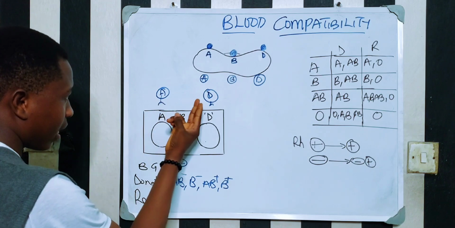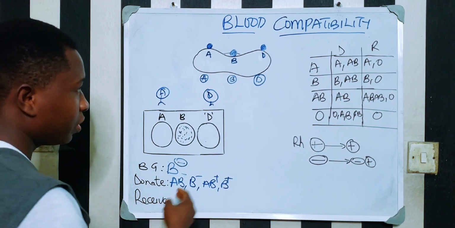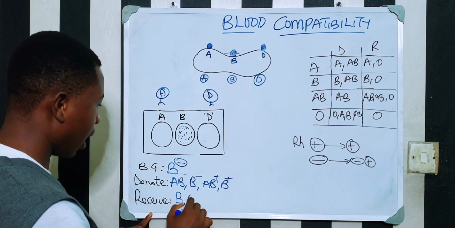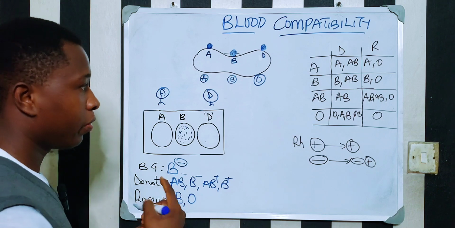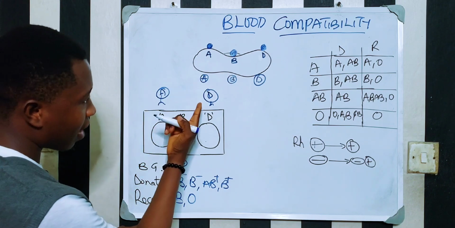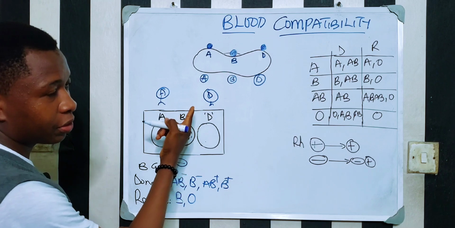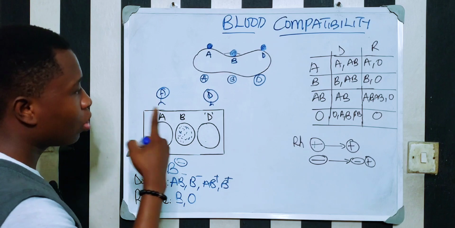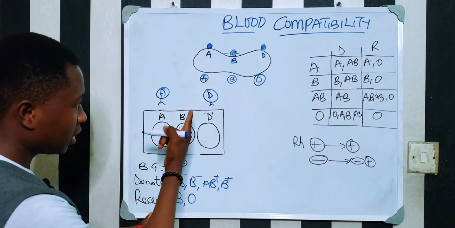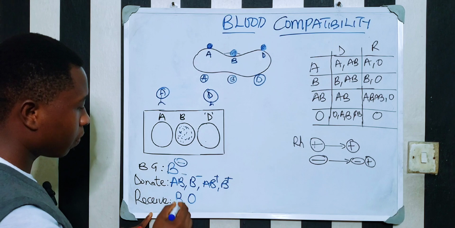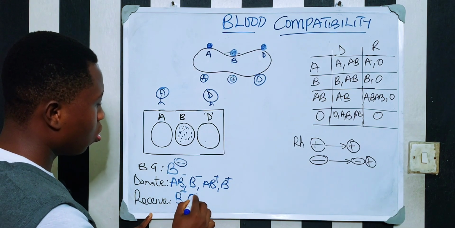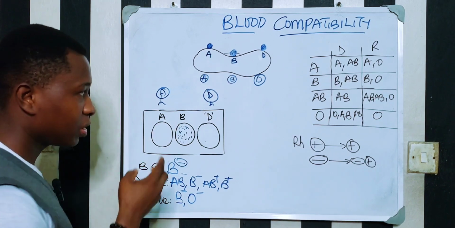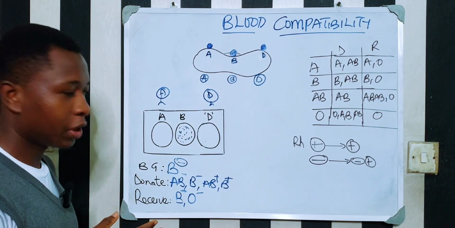Looking at the antibodies in circulation, they can only receive from B and O. To specify the resource factor, you have resource factor in circulation, in the plasma of the blood. So you cannot give this blood to a positive patient. So this will only receive from the B negative and the O negative. You can't give this to a positive patient. Okay, so that is that.